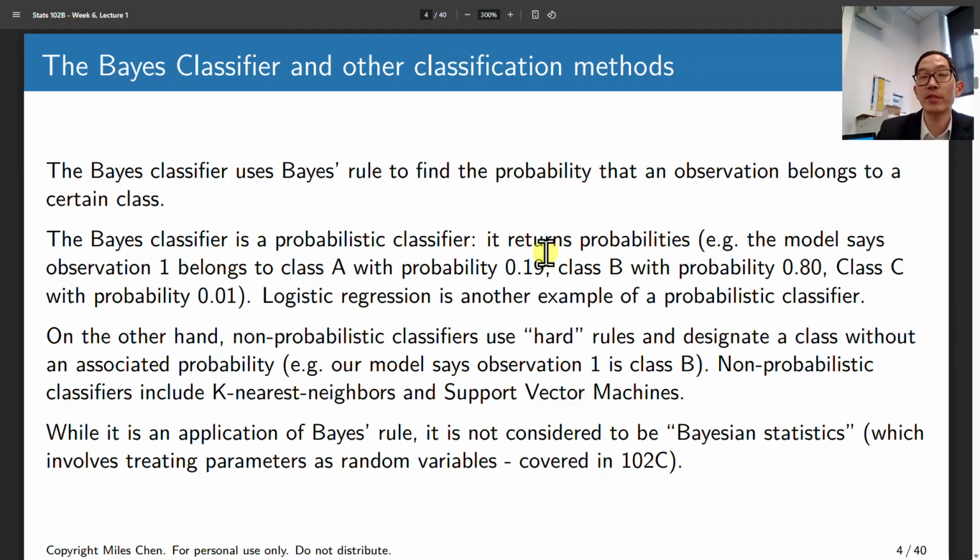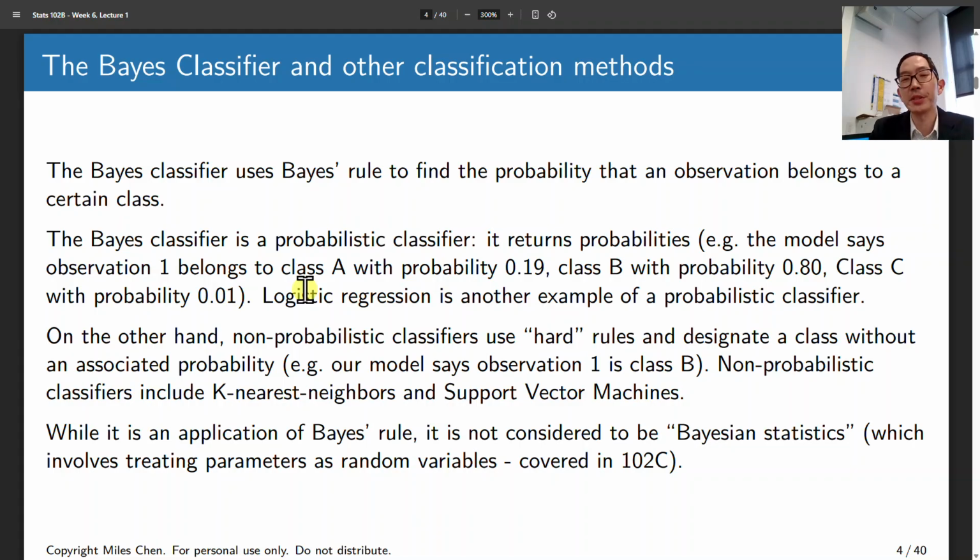So if you have 3 possible labels, and I'll call these category A, category B, and category C, what it will return might be something like a vector of the numbers 0.19, 0.8, and 0.01, so that the vector adds up to 1. Okay.